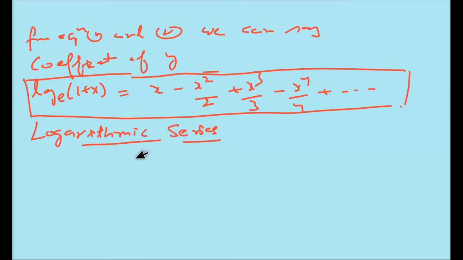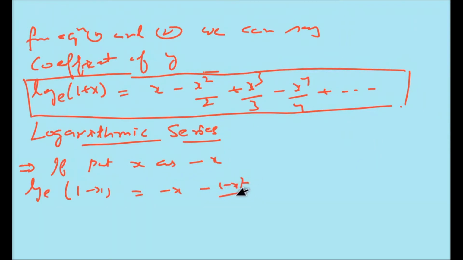Okay, student. Now, the second point I want to say: if we put x as minus x, then we will find log_e(1 minus x) equals minus x minus x square upon 2 minus x cube upon 3 minus x to the power 4 upon 4.